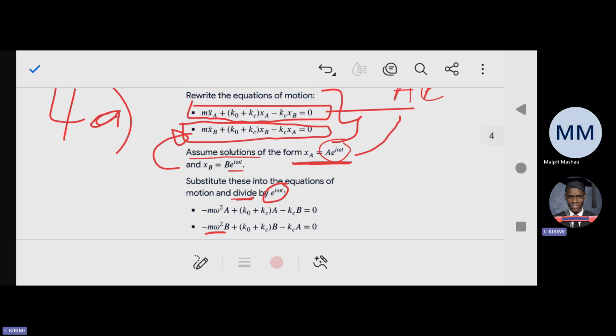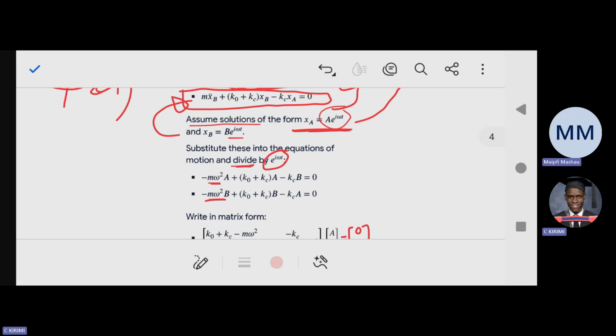After we differentiated, now we are here. We have removed the value of x_A. Now we are using M omega squared A and M omega squared B. So everything now is fine. Each and every term is either being multiplied by A or B.